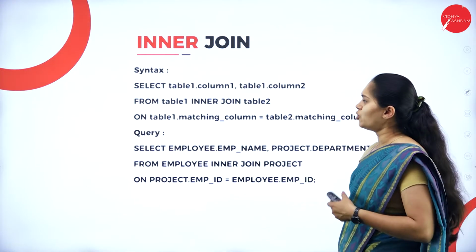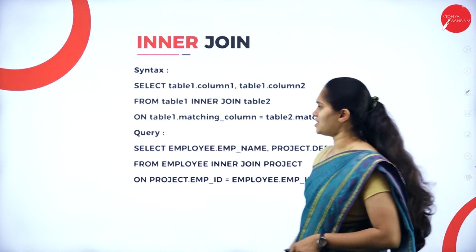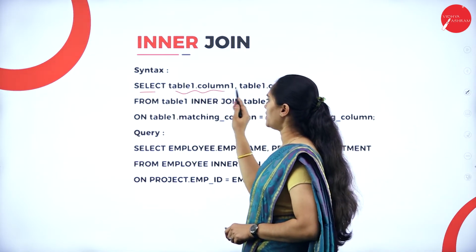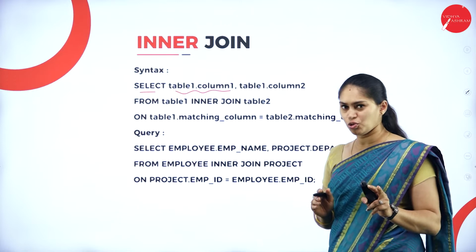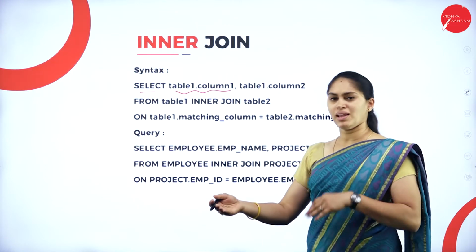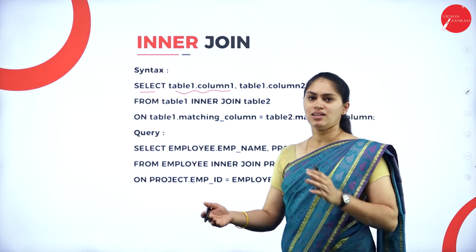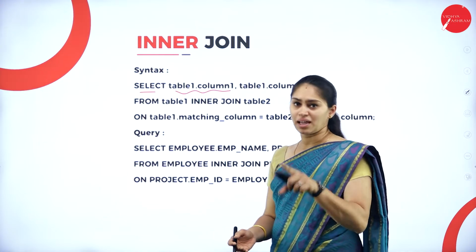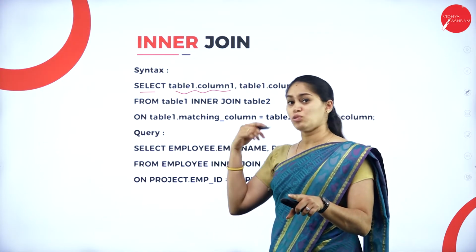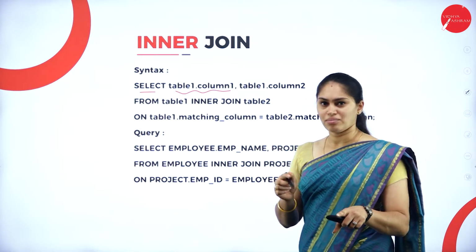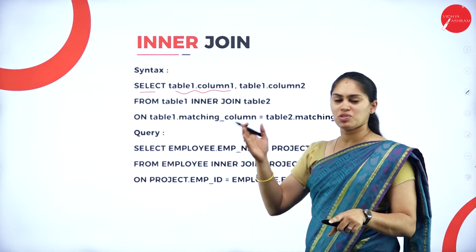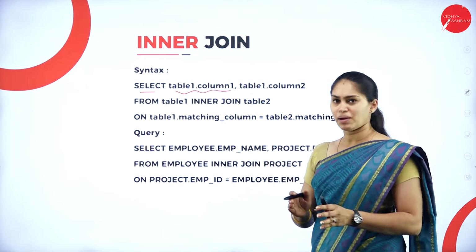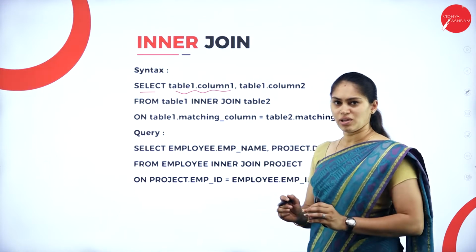So what will be the syntax then? You can see that select table1.column1. We have two tables, right? One is the left table and another one is the right table, or table 1, table 2. The table 1, which is the first table, was employee. Second is department. In the employee, whatever columns we have, you need to remember. In the department, whatever columns we have, you need to remember here.